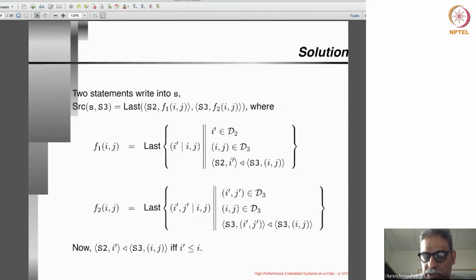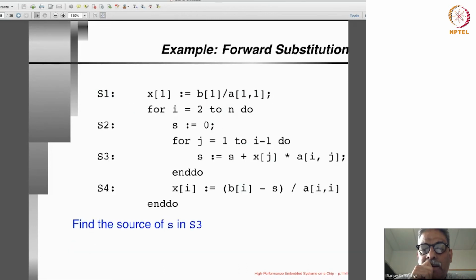All right. There are two statements that write into this. S2 and S3 both write into this variable S, and there are therefore two candidates. My answer could be either S2 or S3. Which of it actually ends up being comes later, and it depends on the program execution order and as I solve the problem.